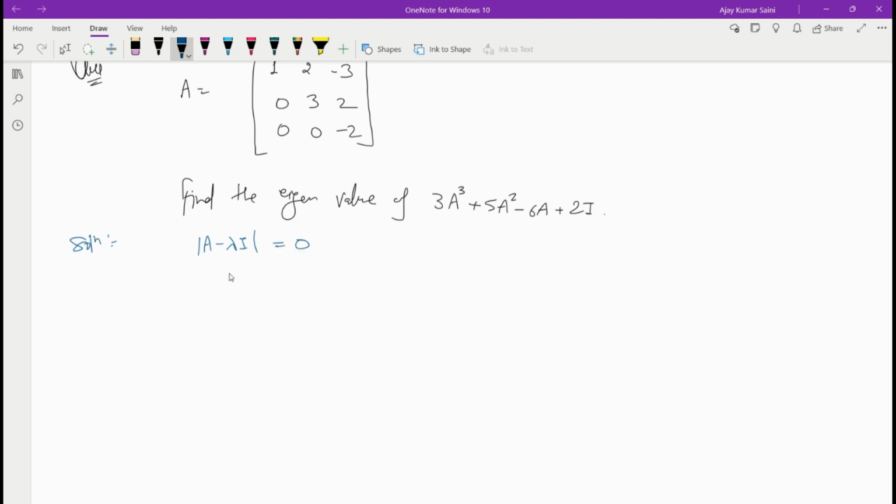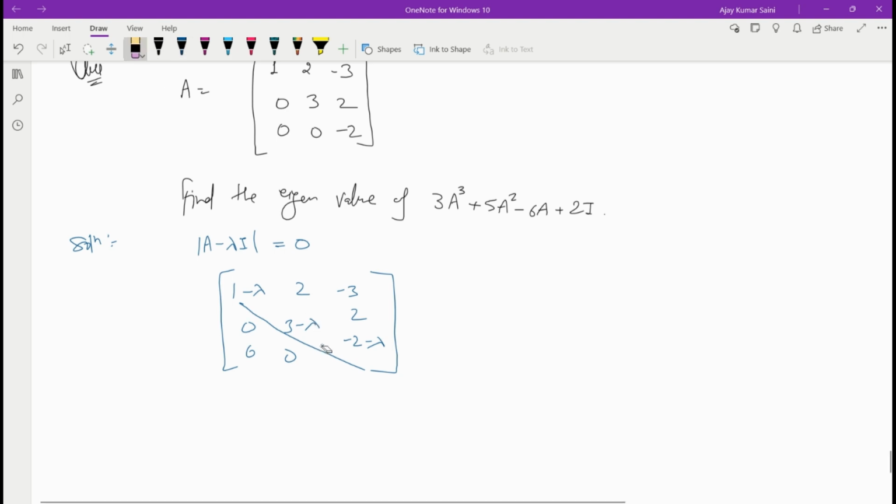So I can write 1 minus lambda, 2, minus 3, and 3 minus lambda, minus 2 minus lambda, 2. Only the diagonal is changed, and all the other things are the same.